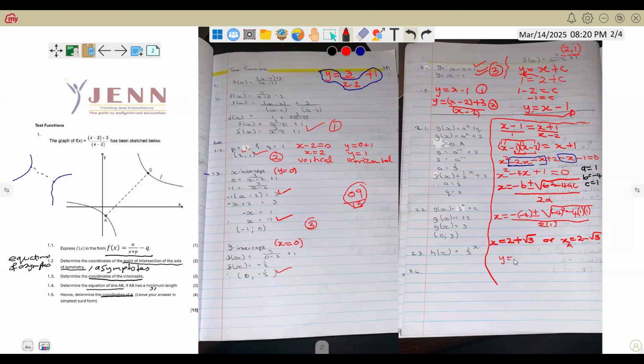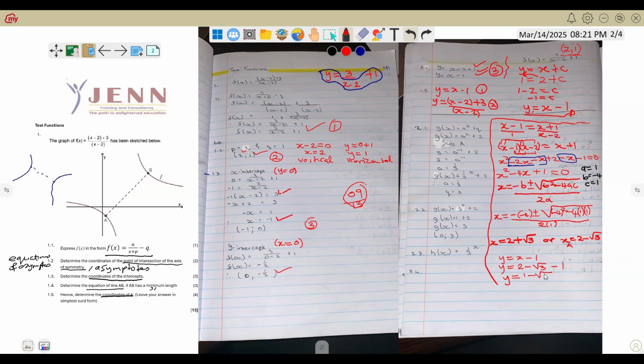Just substitute the x at A. So your y is going to be equal to, where there is x, you now put 2 minus root 3. Is that clear? Yes, sir. Then you put minus 1. Your final answer, therefore, is equal to 1 minus root 3.